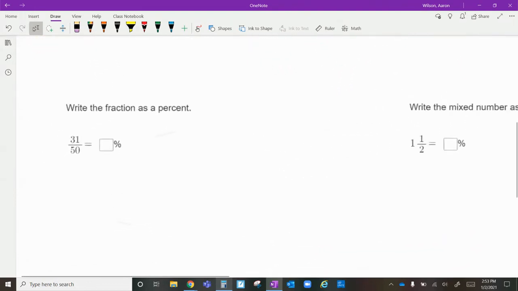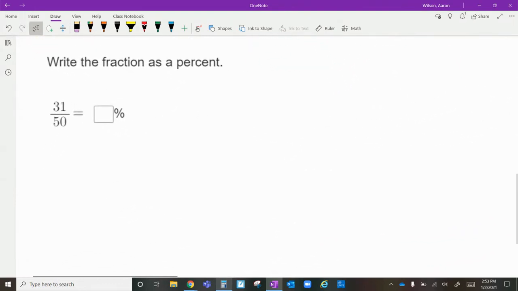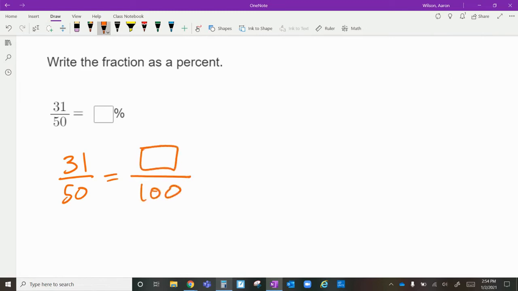And now we're going to do the opposite way. We're going to start with a fraction and turn it into a percentage. And I think this is extremely easy as well because, like I said, all percentages are out of 100. So we're going to write this as 31/50 is going to be equal to some number over 100, because all percentages are out of 100.